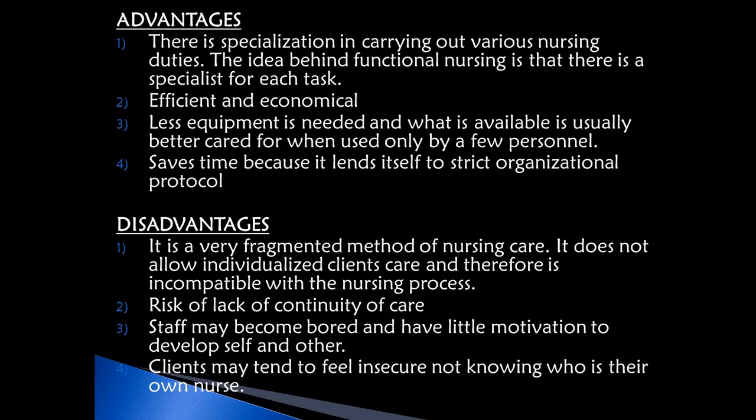Just to reiterate on what we talked about, functional nursing is a supervisory model that delegates tasks to nursing and auxiliary personnel, so that the head nurse assigns functions to other members of the healthcare team, to other nurses who perform the nursing tasks to all patients in a ward or just in a unit.